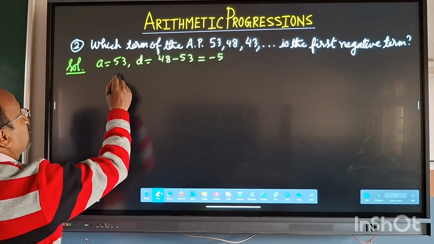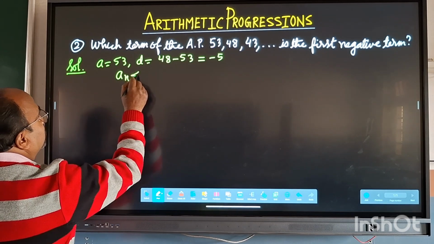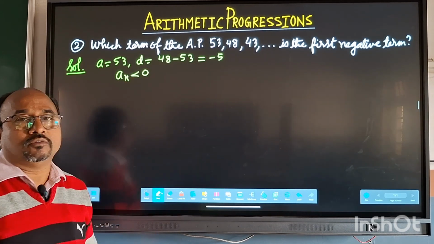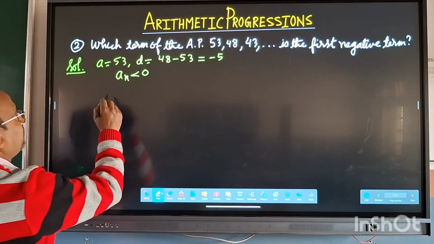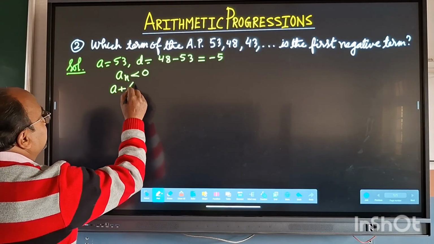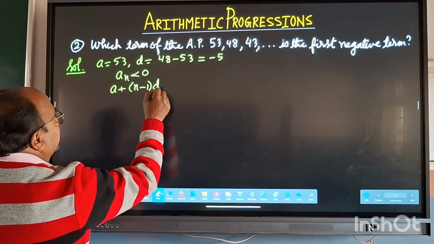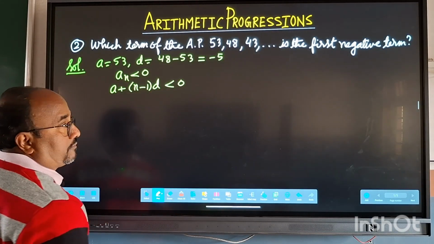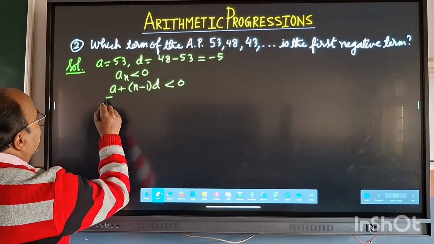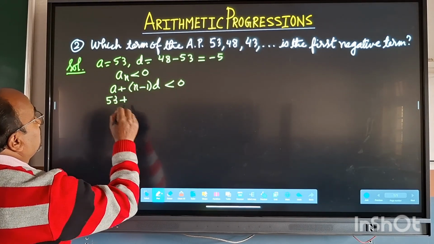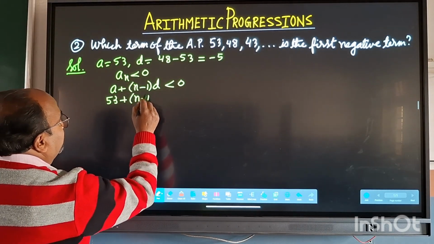So the most important part here is to write an less than 0. For an, we have the formula a plus n minus 1 d, and that will be less than 0. For a, I know the value is 53, plus n minus 1 d, where n we need to find.